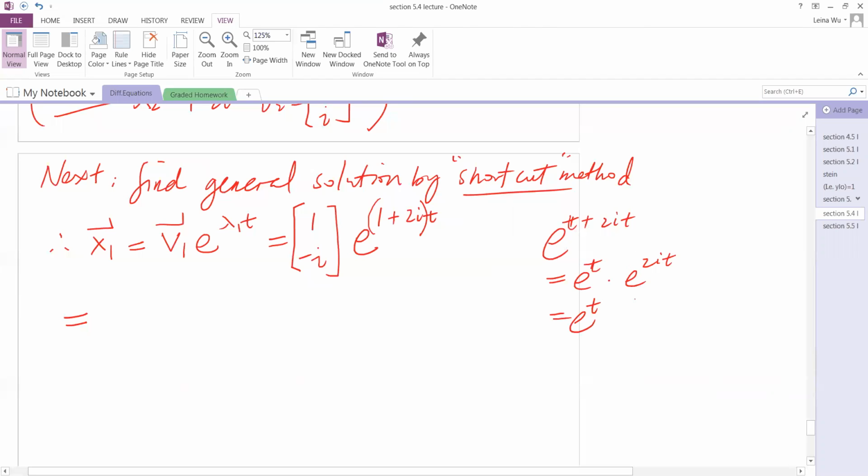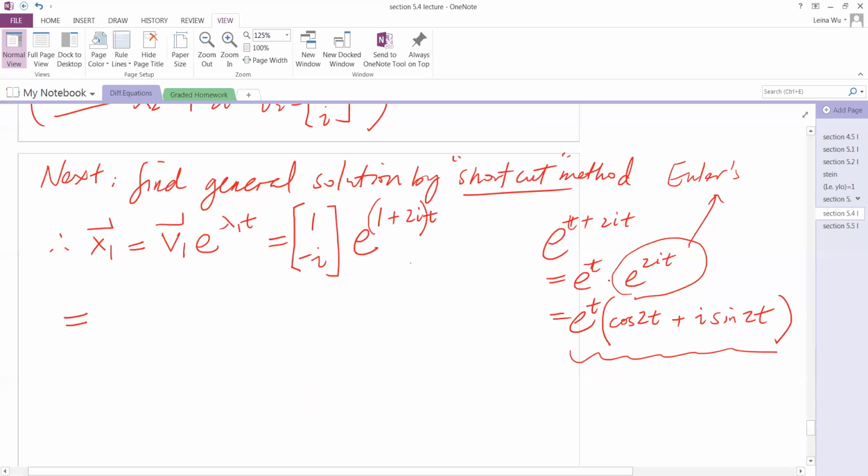And for this e raised to 2it, can I use Euler's formula? Yeah, cosine 2t plus i sine 2t, right? So let's go ahead and replace this exponential function by this.